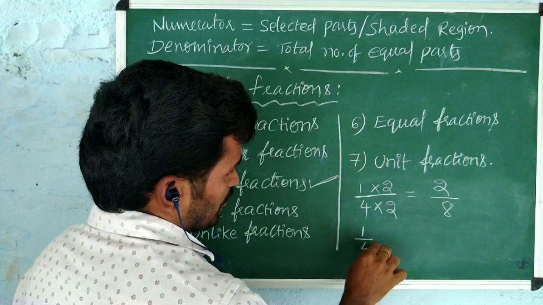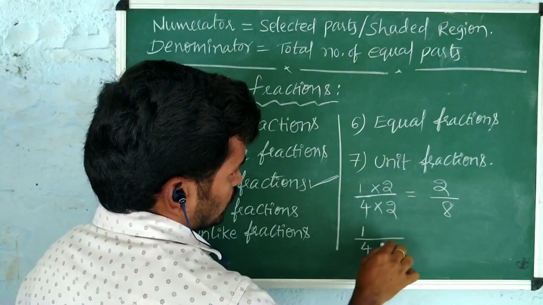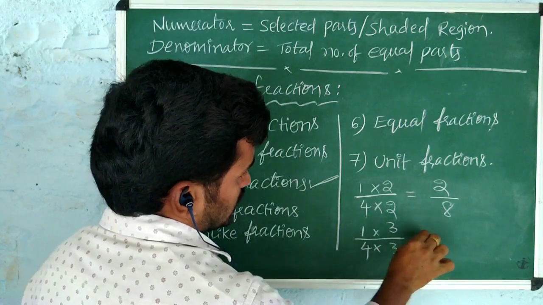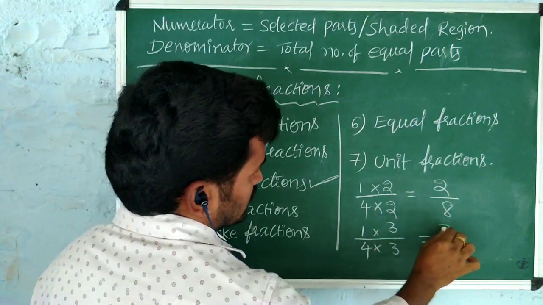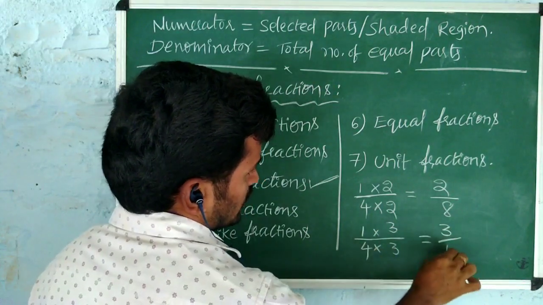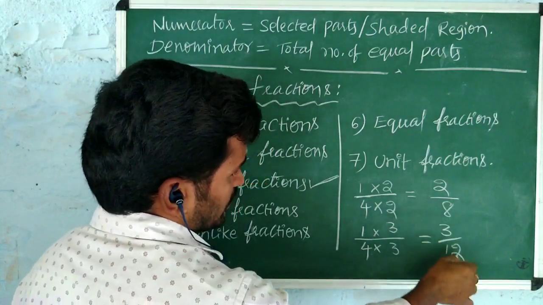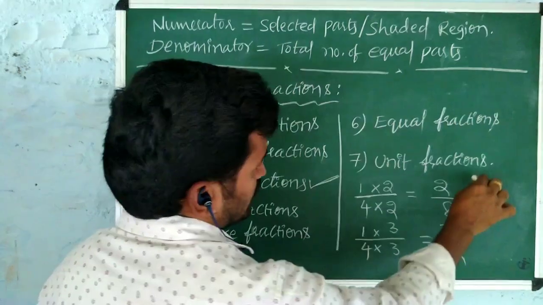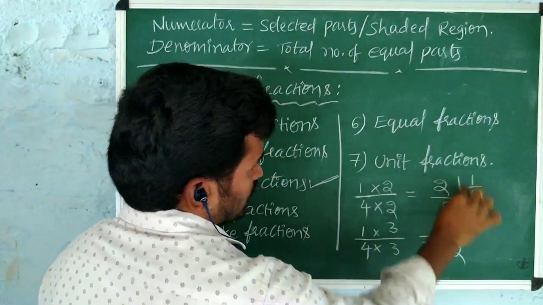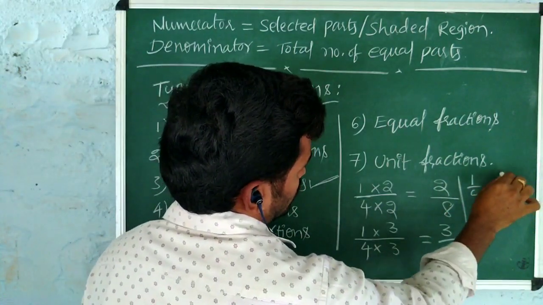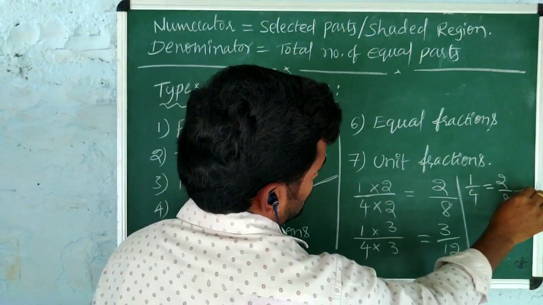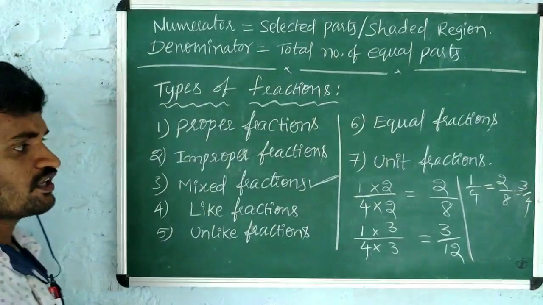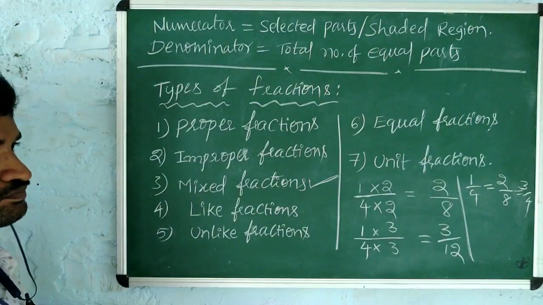Next, 1 by 4, multiply with 3. 3 1 is 3, 3 4 is 12. So 3 by 12 is also an equal fraction for 1 by 4. So 1 by 4 is equal to 2 by 8 is equal to 3 by 12. So these are the equal fractions.